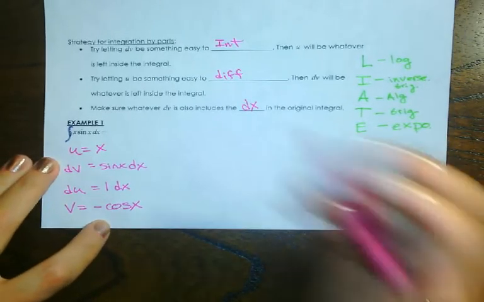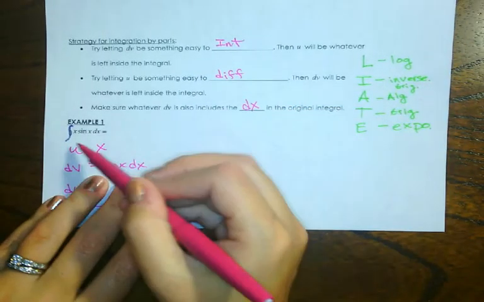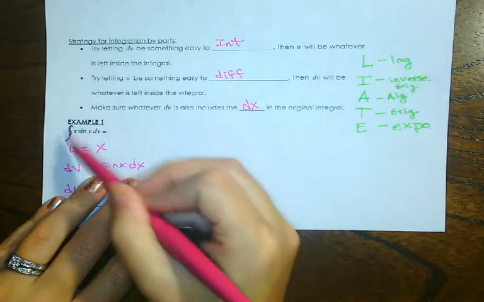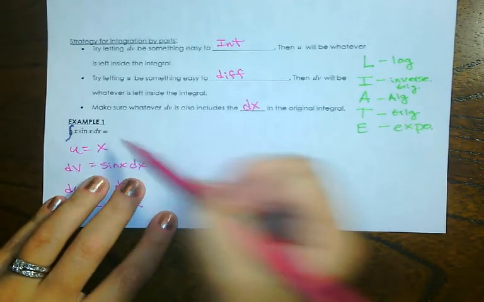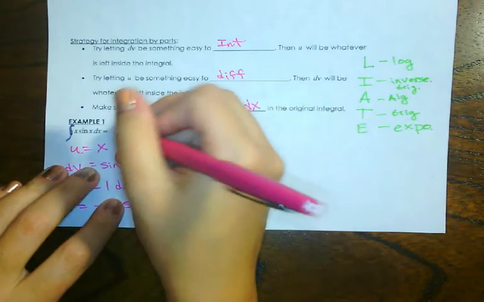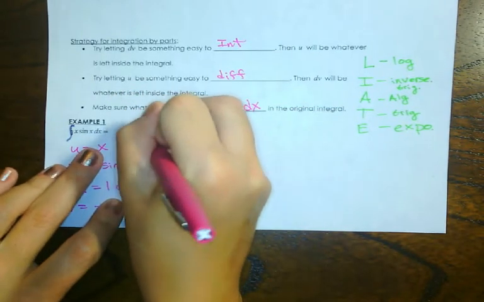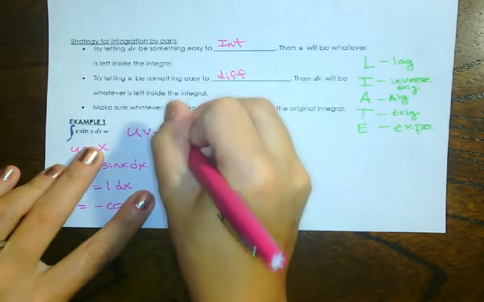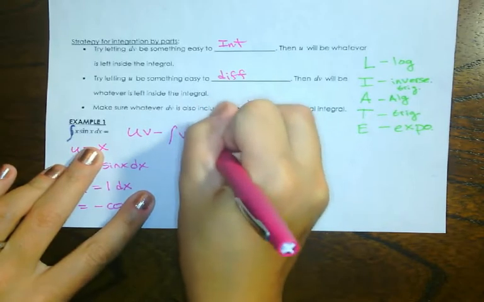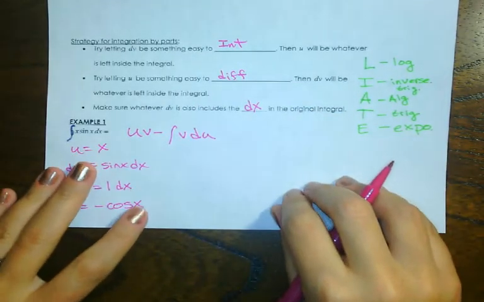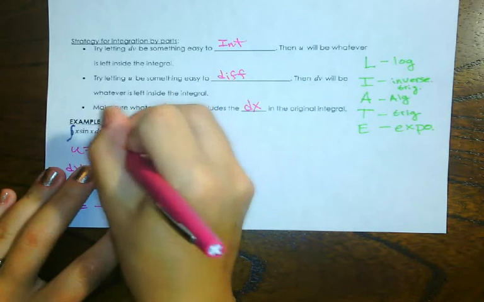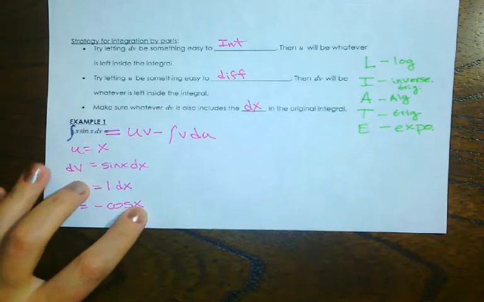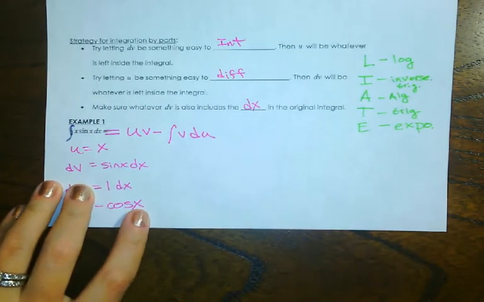And then from there, you might want to remind yourself, because this is the integral of u dv dx, that equals uv minus the integral of v du. That's your formula, and you probably want to write that a bunch of times till it gets ingrained in your brain, okay?